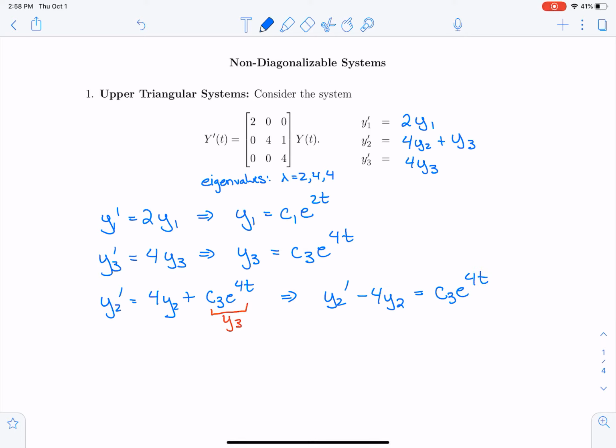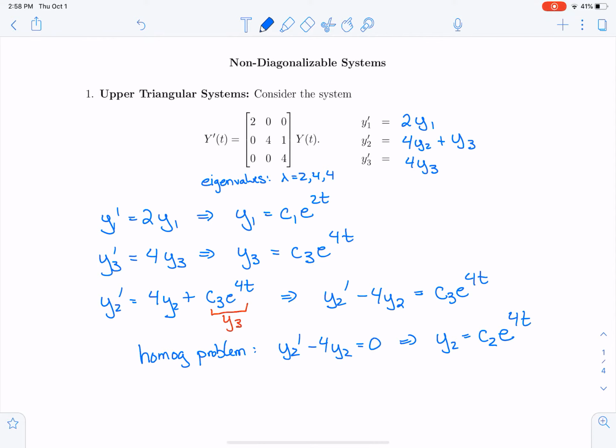The way that you can solve this linear differential equation is to find a homogeneous solution and then find a particular solution. We're going to do the homogeneous problem first. The homogeneous problem is y2 prime minus 4 y2 equals 0, and so y2 we can think of as being c2 e to the 4t.